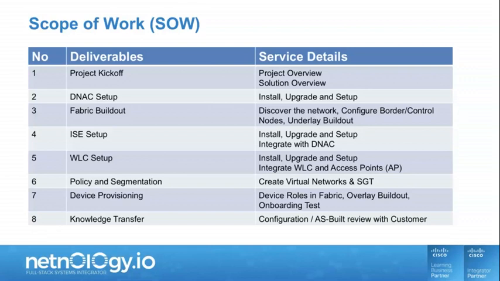Put in the statement of work how many virtual networks will be part of it, how many SGTs potentially we will be working on, and what kind of policies, how many policies potentially will be part of this statement of work. A lot of times there are things which are not in our control. Most of the time we can do a good job of making sure we're defining those requirements upfront.